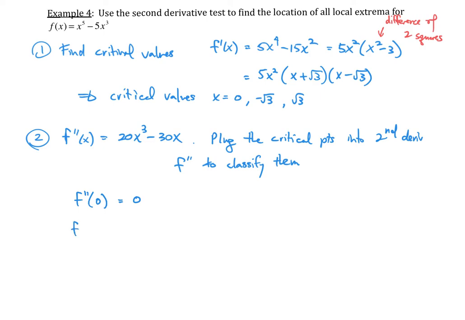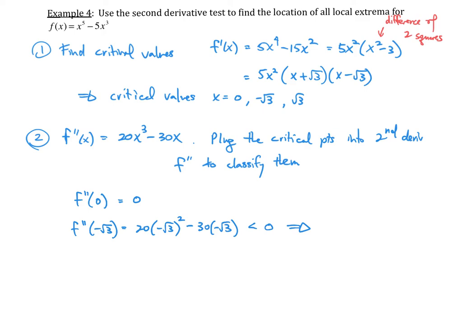When I calculate f double prime of negative rad 3, that's going to give me 20 times negative rad 3 squared minus 30 times negative rad 3. When you evaluate this, this is going to give you a negative number.